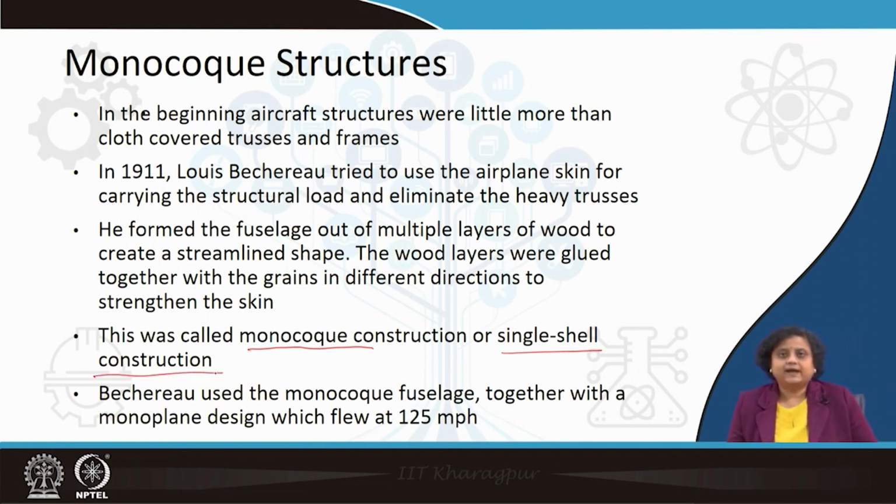The essential feature of this monocoque structure is that instead of using a truss structure, in 1911 an engineer called Louis Becquerel tried to glue layers of wood and make a thin hollow cylindrical shell kind of structure.